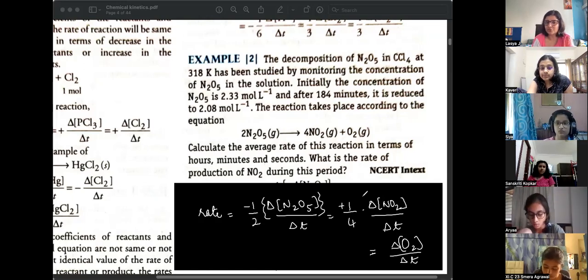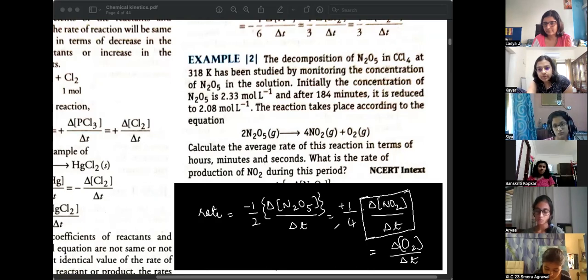But here we are specifically asking what is the speed of appearance of NO2 alone? There are 4 moles of NO2, right? So won't that also be counted in the rate, the value that we need to find out? Shouldn't it be just 6.7 times 10 raised to minus 4?